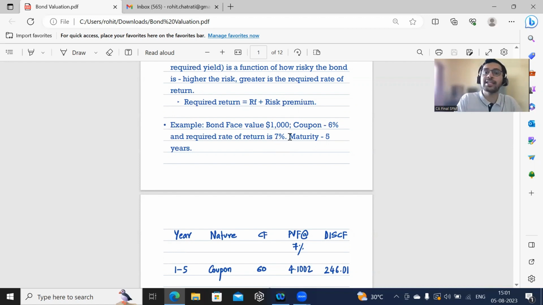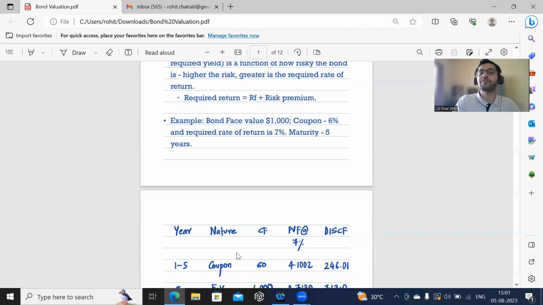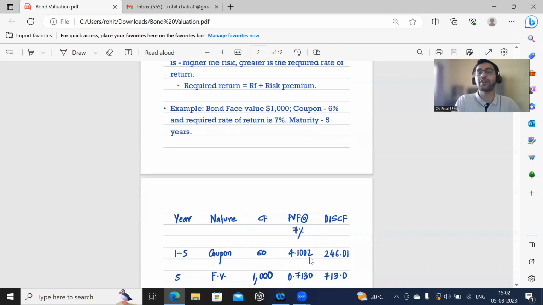In that case, your number of periods will be 10 periods, because you're going to have coupon at the end of year 0.5, 1, 1.5, 2, 2.5, and so on. So the total number of periods is 10, wherein each cash flow will be $30, and the discount rate that you will use is 3.5 percent, but you'll have to use it for 10 periods rather than one single year.